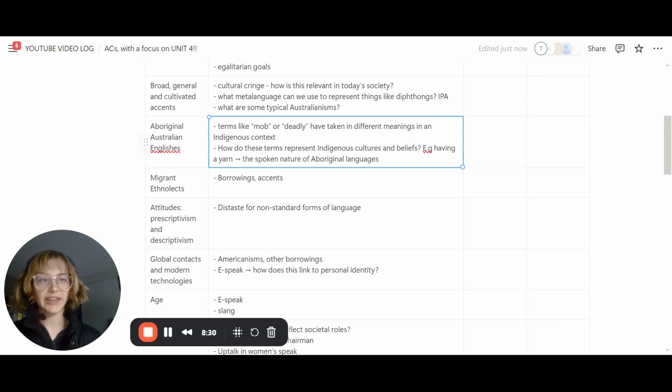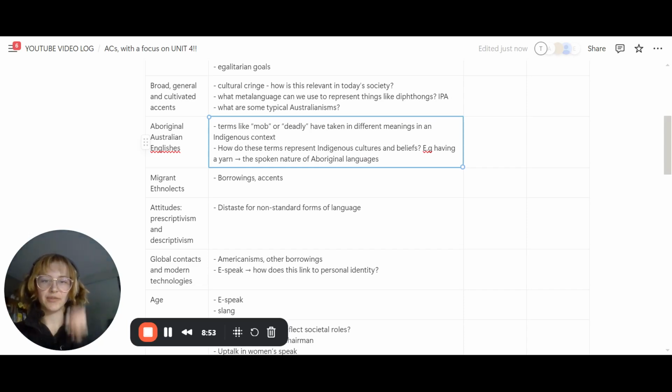But things like mob or deadly, we know them as having different terms, different meanings. If you were, for example, in England talking about them, deadly would be an adjective meaning able to kill you, and mob would maybe be the verb to have a crowd of people mob you.